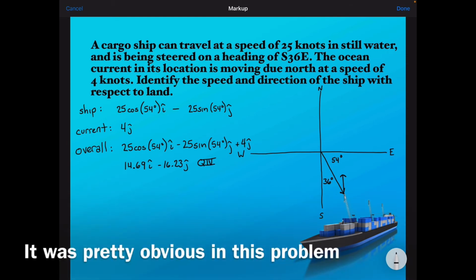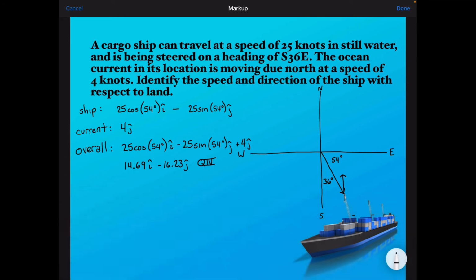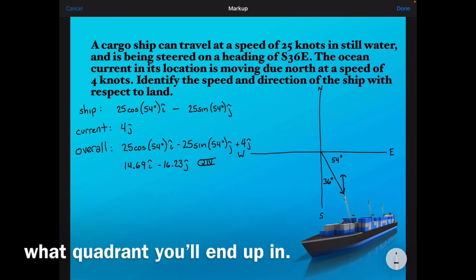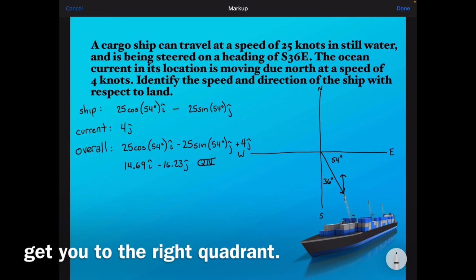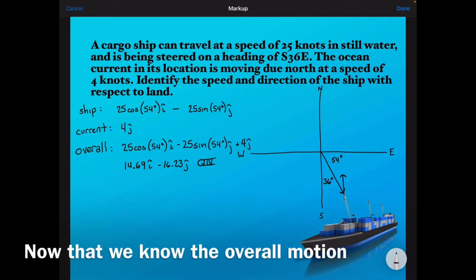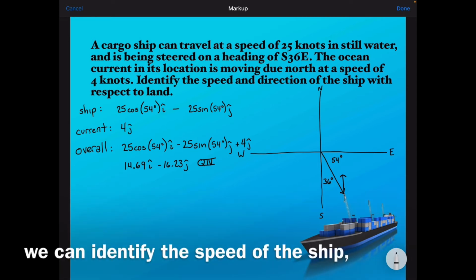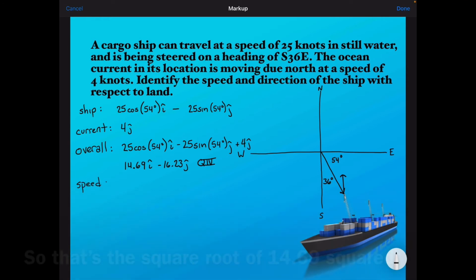It was pretty obvious in this problem, but sometimes you can't tell just looking at the description of the motion what quadrant you'll end up in. But doing it with vectors will always get you to the right quadrant. Now that we know the overall motion of the ship taking the current into account, we can identify the speed of the ship. That's just the magnitude of this vector.